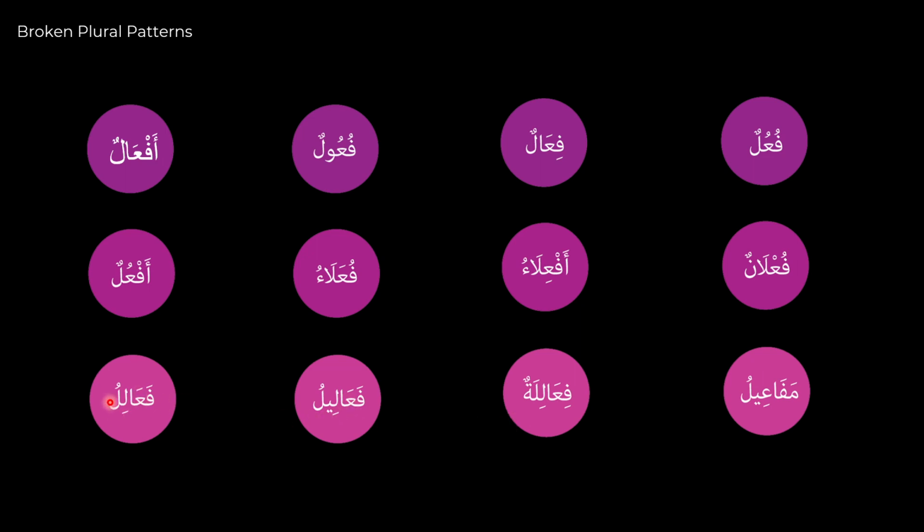These 12 patterns presented here are the usual broken plural patterns that come up. Some of them occur more than others, and there are other patterns beyond this list that do occur, but these are the ones that you'll come across most of the time.